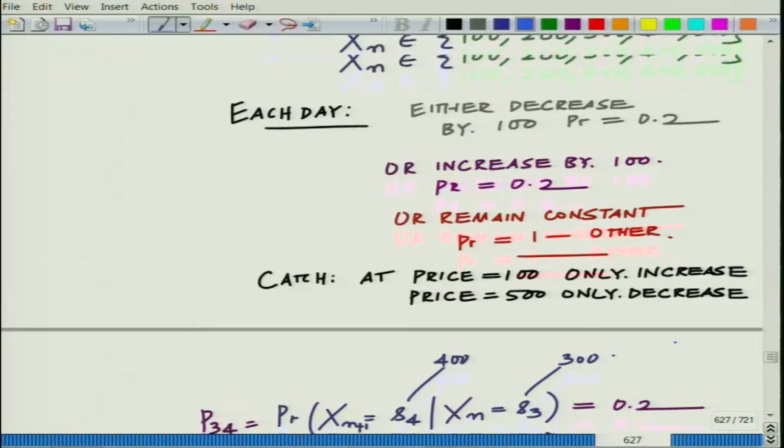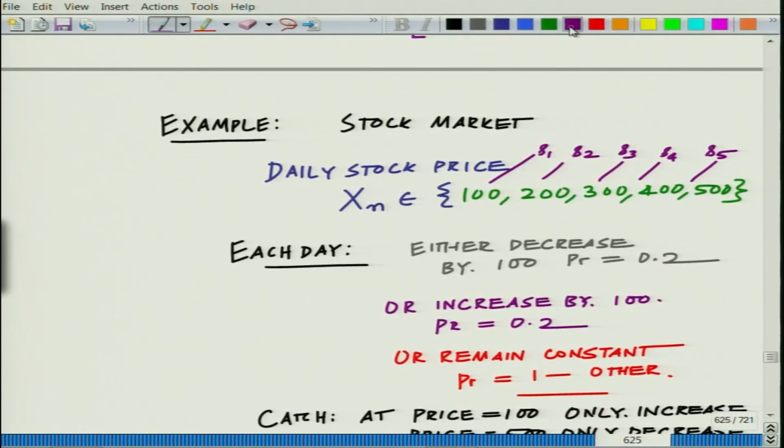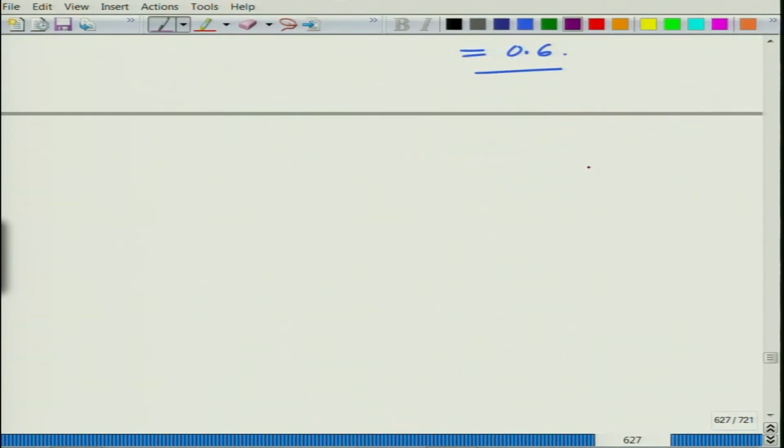Now look at this again, there are 5 states in this DTMC, therefore the transition probability matrix P is a 5 cross 5 matrix, and it can be written as follows.